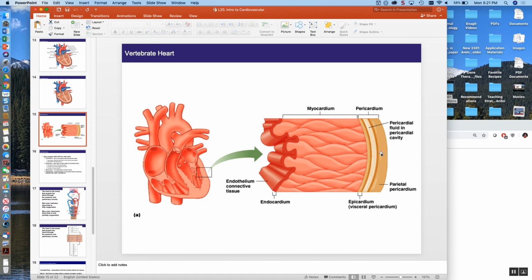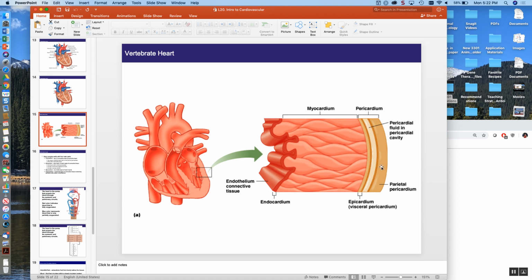Here's the wall. So realize too that the pericardial sac, it's called the pericardium, surrounds the heart and acts as a buffer, like a cushion for the heart. It's made up of an outer membrane called the parietal pericardium and an inner membrane that's continuous with the epicardium called the visceral pericardium. And then there's fluid in between.